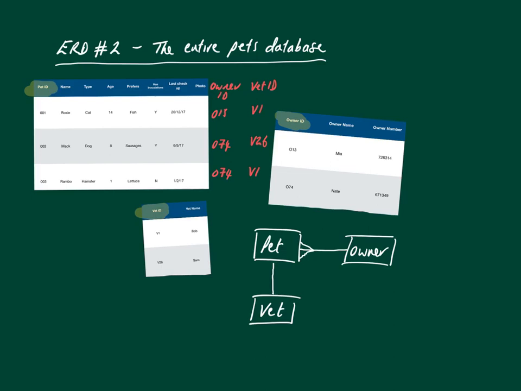And from the information here, we know that one vet can treat or check up many pets. So the cardinality is one vet, many pets. And that is our completed entity relationship diagram for this database.